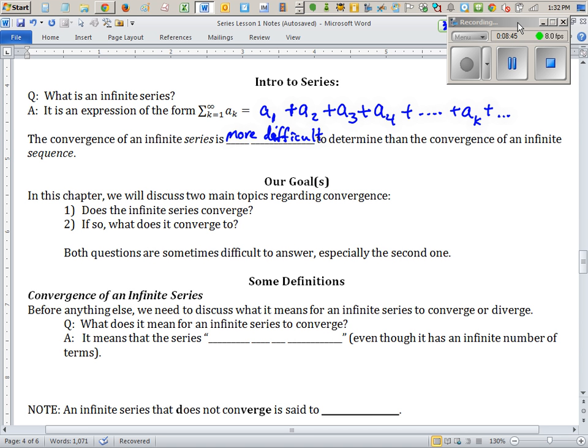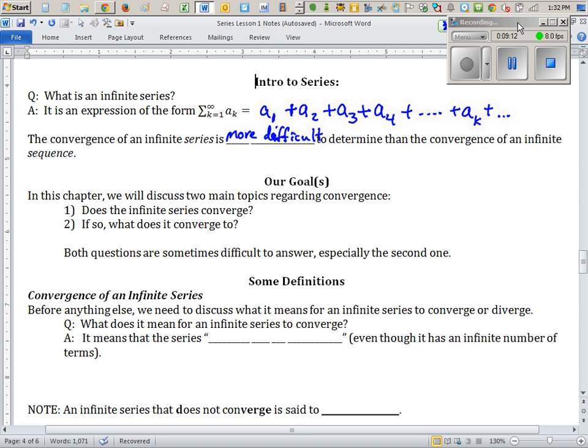In fact, sometimes it is so hard to determine the convergence value that if you can figure out the convergence value, your name will go down in history as a famous mathematician. I'm not kidding. So some of the series have names because Mr. or Mrs. so-and-so discovered the convergence value of the so-and-so series. It's called the so-and-so series because of that person. So just be aware of that.